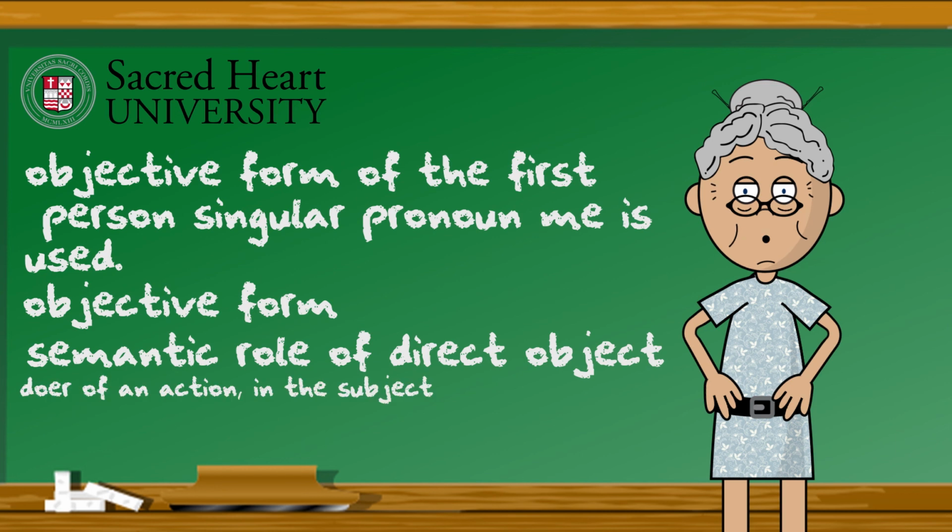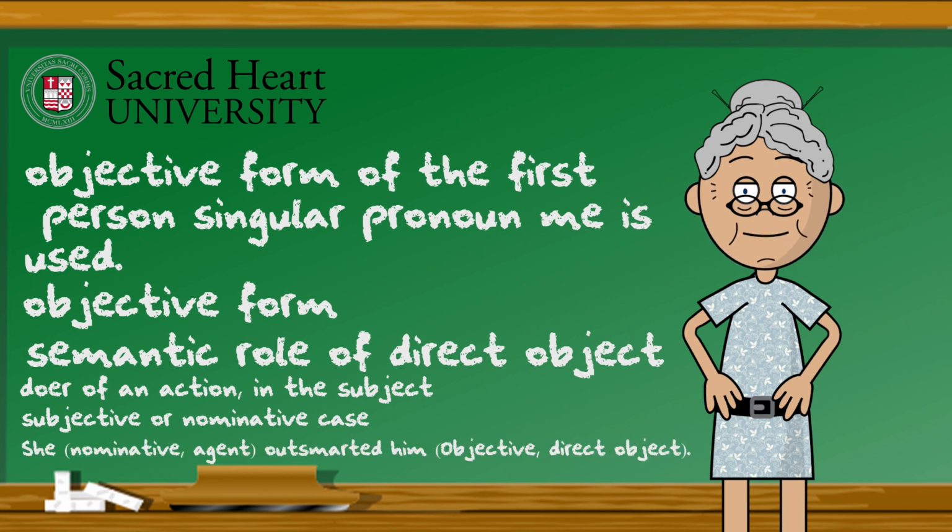When a pronoun functions as the doer of an action in the subject, we use the subjective or nominative case. So we'd say, she, nominative, agent, outsmarted him, objective, direct object. Just a little reminder, my dears.